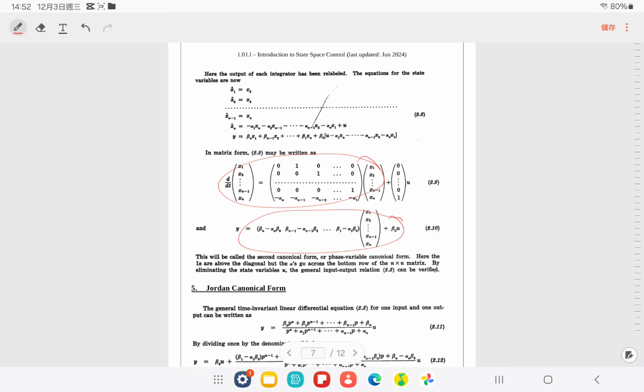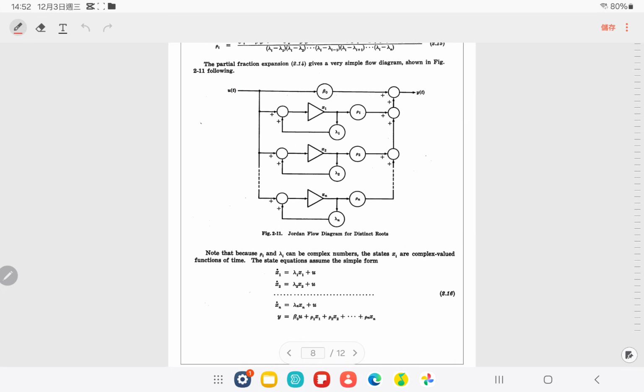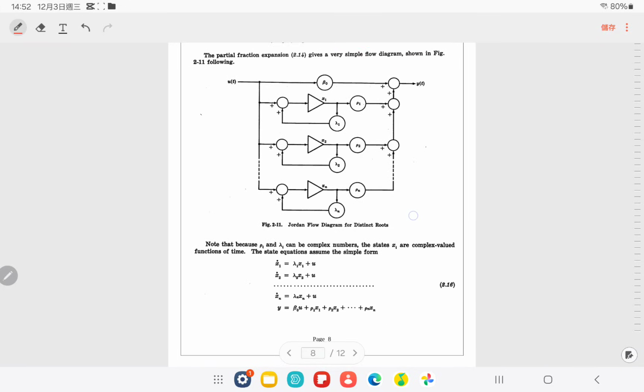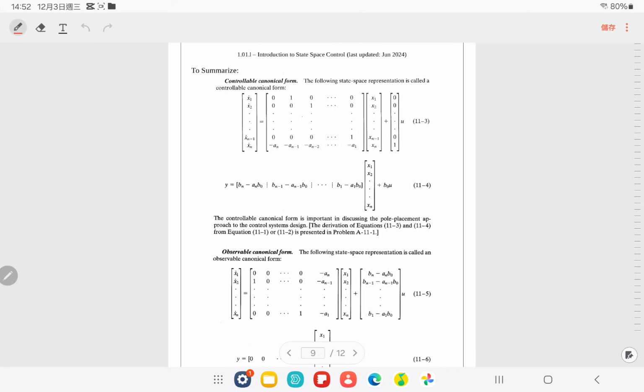And finally, you need to know what is Jordan canonical form. Basically, Jordan canonical form is based on partial fraction. So the form is like this.